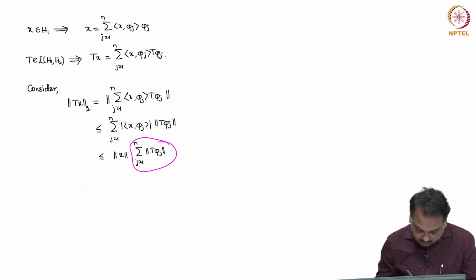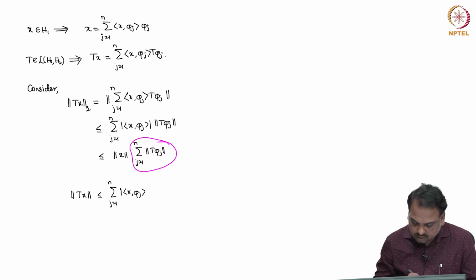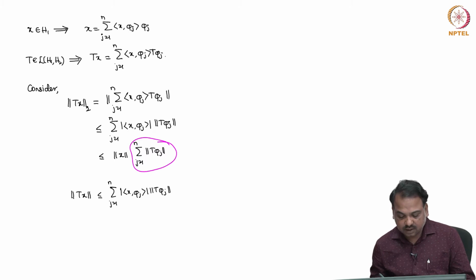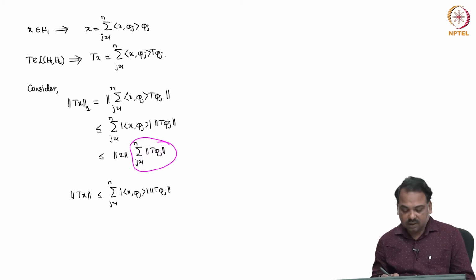Let us take a different way. Norm Tx is less than or equal to the summation j equal to 1 to n of the modulus of inner product x with phi j multiplied by norm T phi j. Here, if you apply Holder's inequality, we can get a better bound than whatever we got in the earlier step.